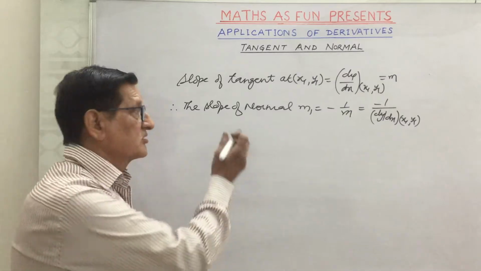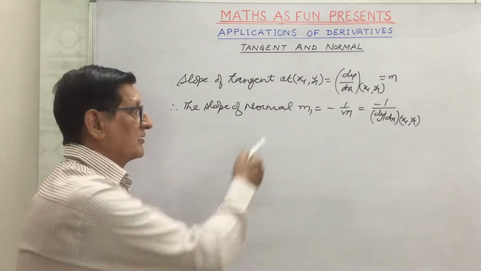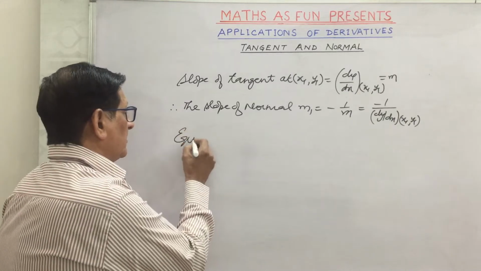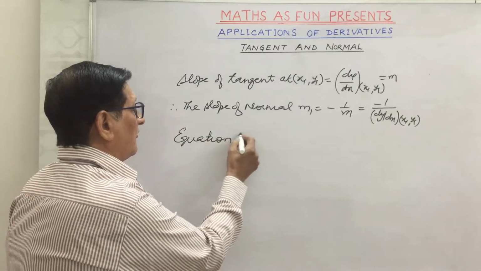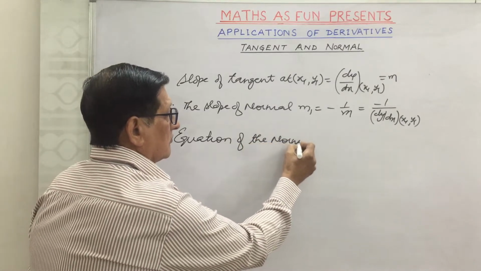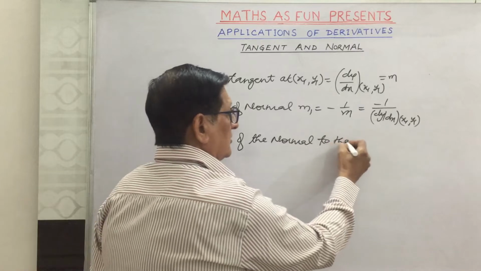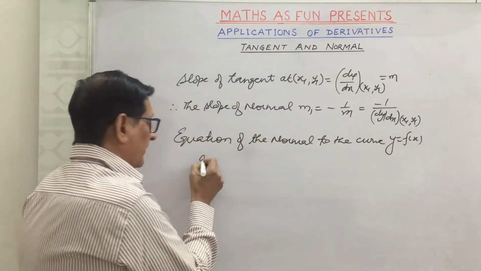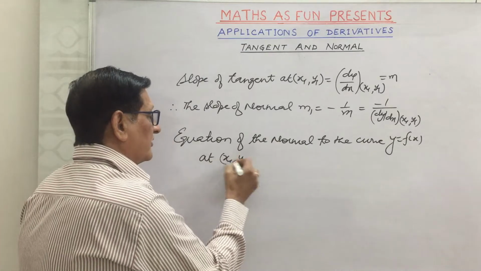After knowing about the slope of normal, that is m1, we can find the equation of normal to the curve y equal to f(x) at (x1, y1).